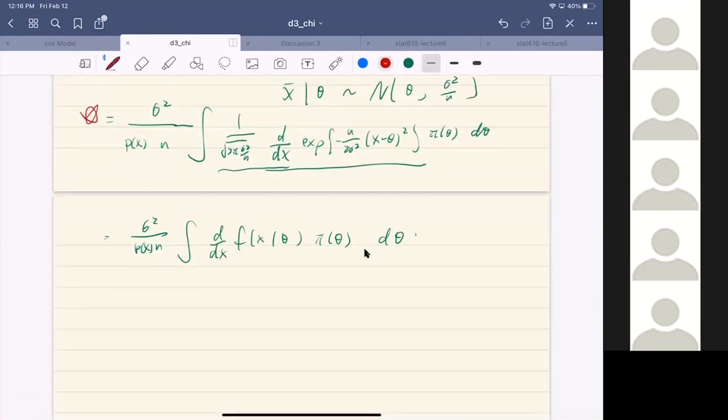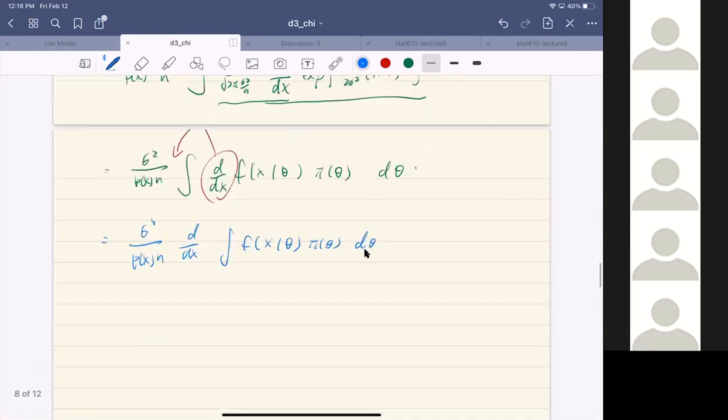And we can move the derivative out of the integral, so it will be d over dx of the integral of this term. And this term is p of x.